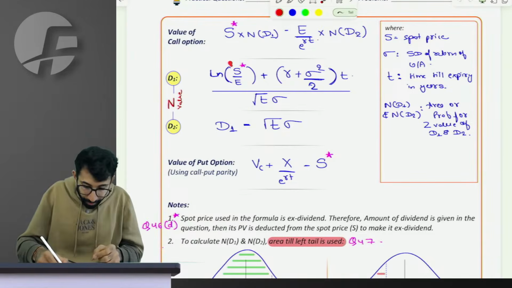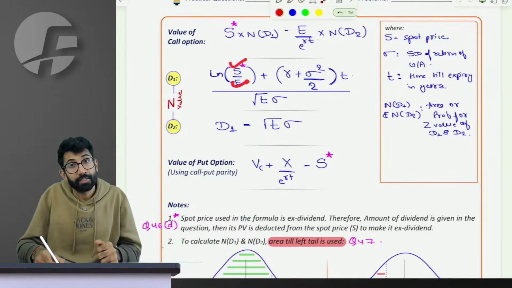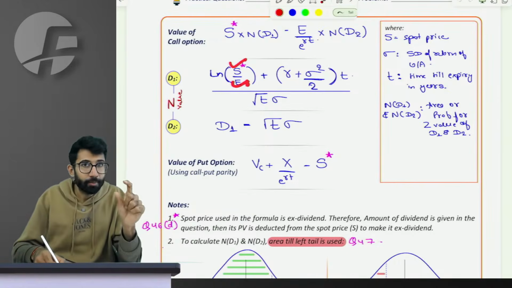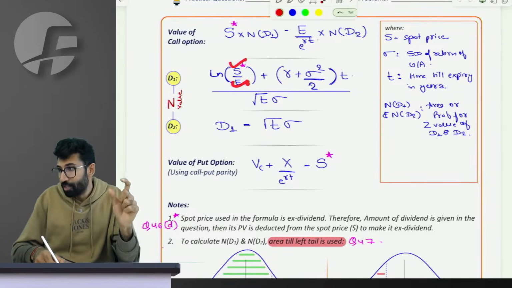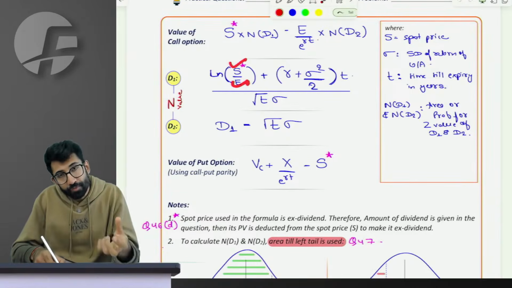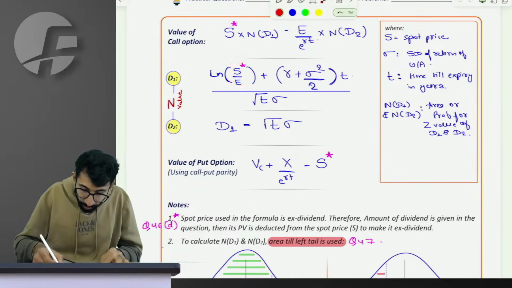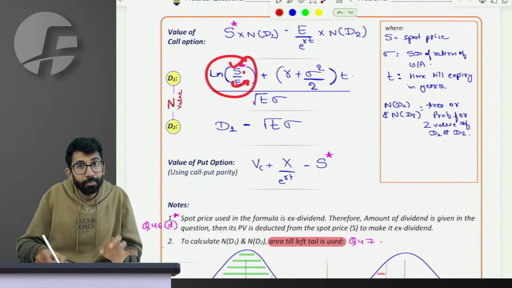Sir, underlying asset has a spot price and an exercise price. So similarly, the project has a spot price, and the project has an exercise price at which we can buy the project. Sir, log natural of spot divided by exercise.